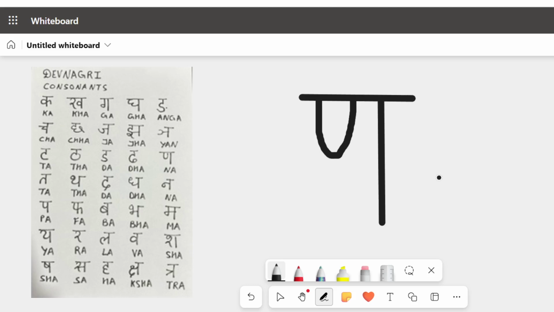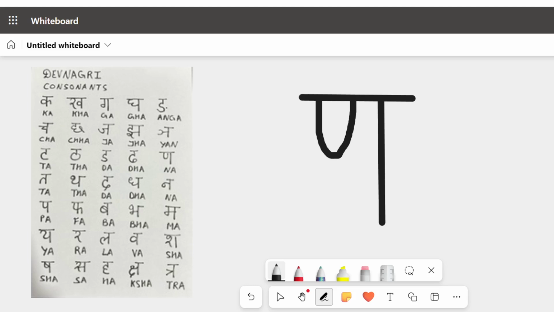This letter is Na. Retroflex N. Remember, all the letters that we have learned today are retroflex. So, the tip of the tongue is curled inward and placed back against the palate. That's how you pronounce all these letters given in the third row.